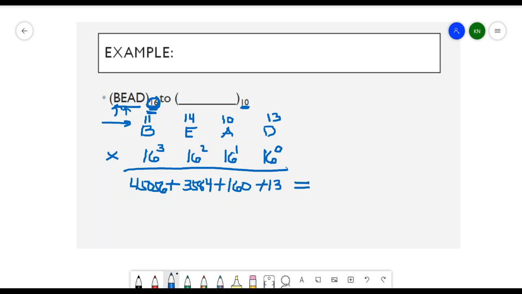That is now equivalent to 48,803 in decimal. So you can write here 48,803 in decimal. So it is the same process again and again if you are converting other number systems to decimal: the sum of weights.